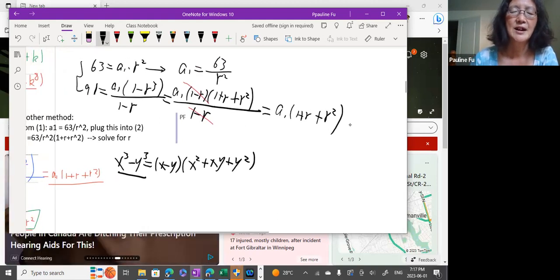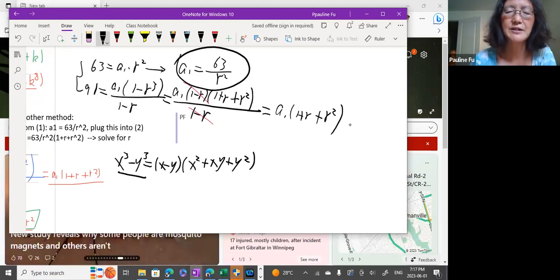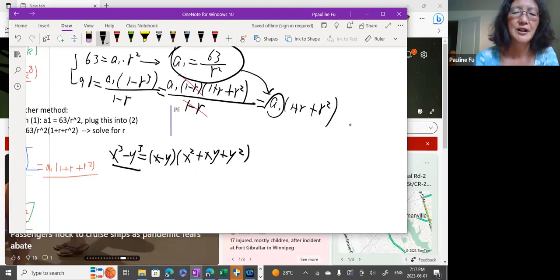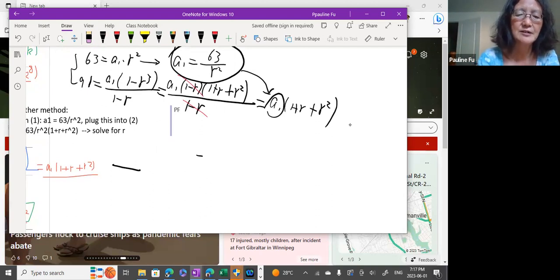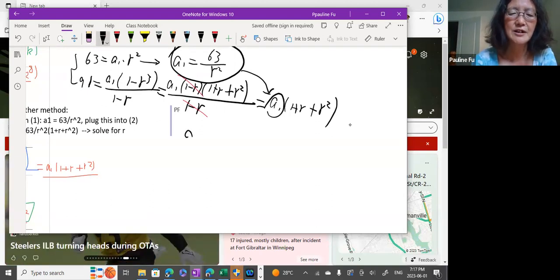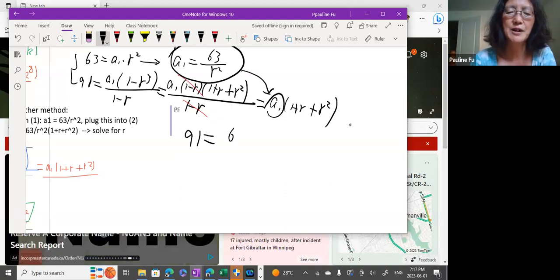And now plug this A1, 63 over R squared, into here. You have A1 here. So left-hand side, you got 91. Right-hand side, instead of A1, you plug in 63 over R squared, times (1 plus R plus R squared).